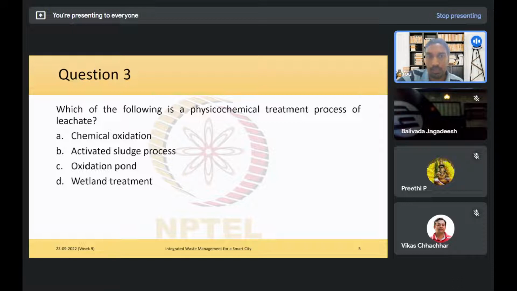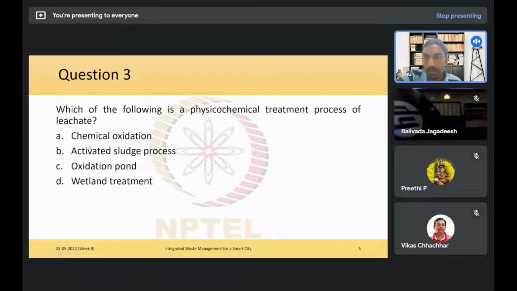So it should involve some physical treatment or a chemical treatment. So physical treatments mean the physical properties should be altered in such a process, or the chemical structure should be altered, right? So those processes which alter the physical property or the chemical structure are called the physicochemical processes, right? So we need to find out which of these is the physicochemical process.